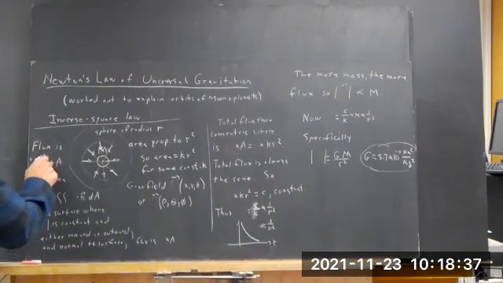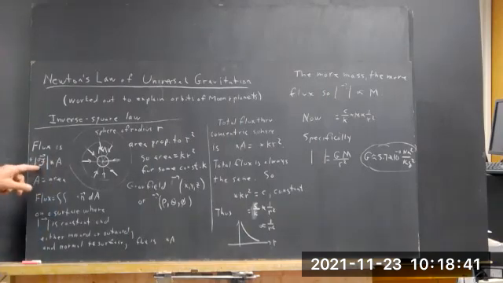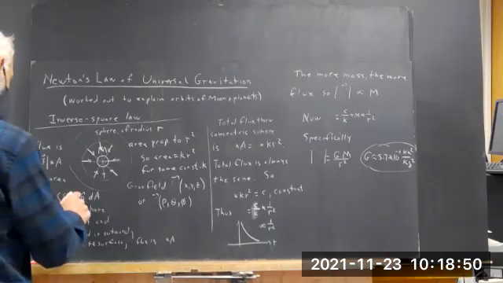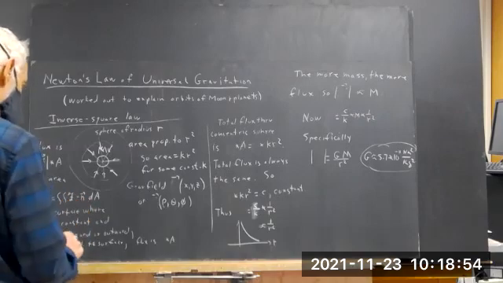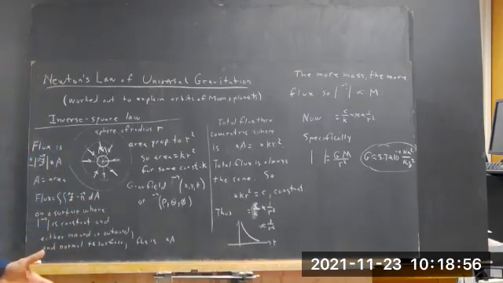But let's try this. That's a script F. That actually isn't too bad, considering I haven't written a script F in about probably 80 years. It's hard to do that. Haven't written one in 80 years.